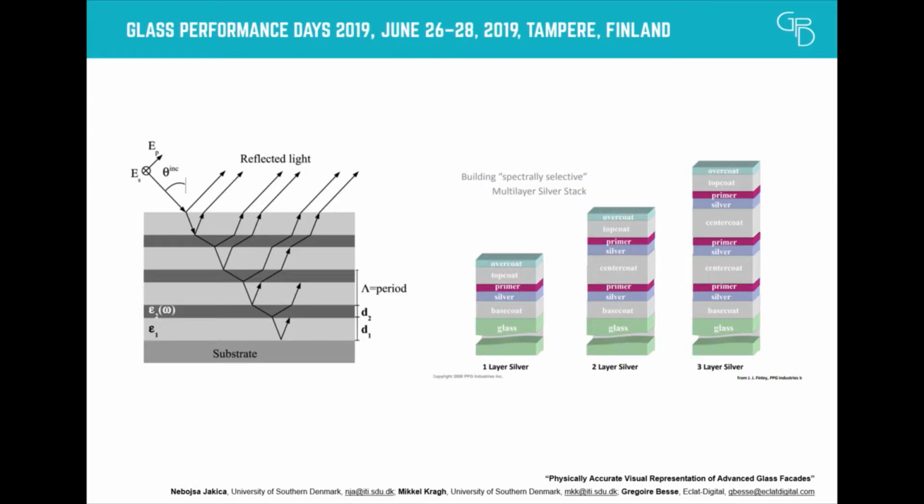So to properly simulate this behavior, you would usually need wave optics models, but fortunately, there are some simplifications that ray tracing models can also use to simulate this kind of behavior.